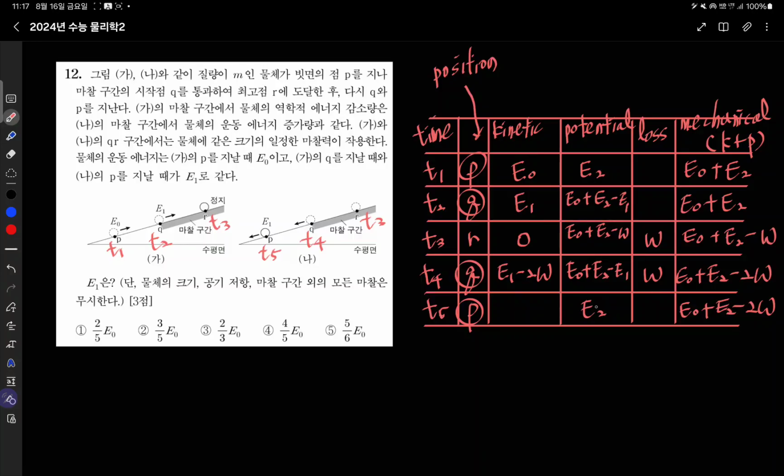If we subtract potential energy from mechanical energy, the kinetic energy at t5 is E0 minus 2 times W.